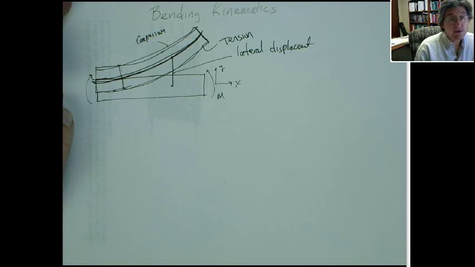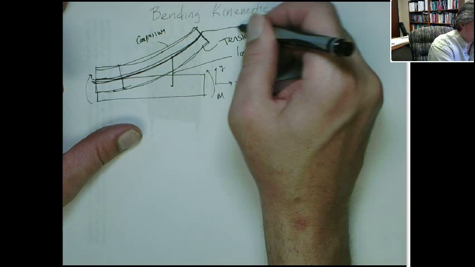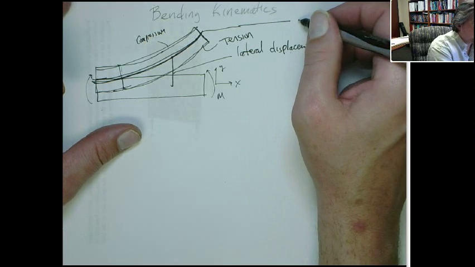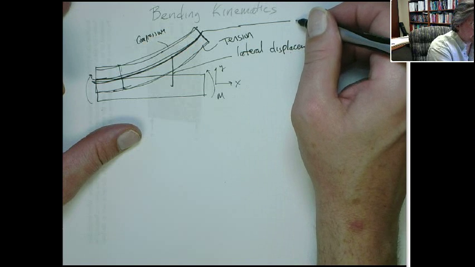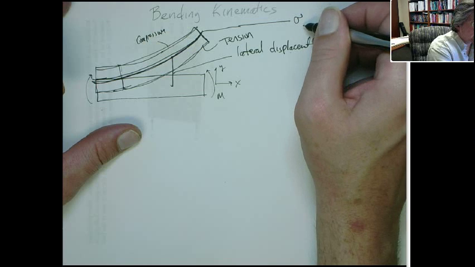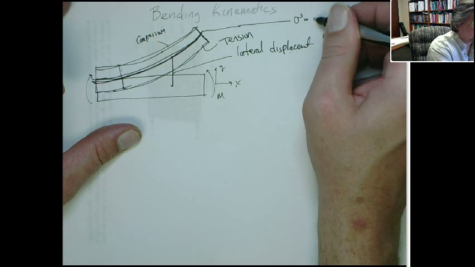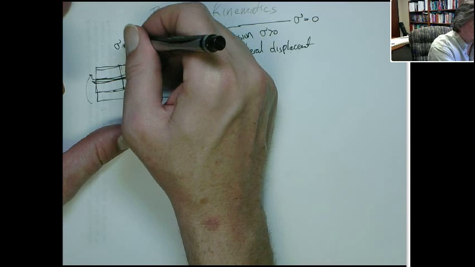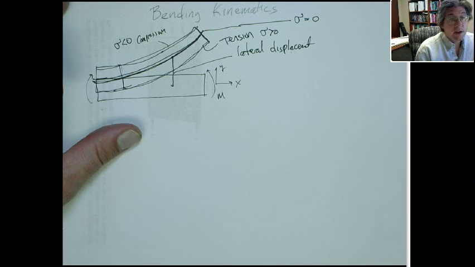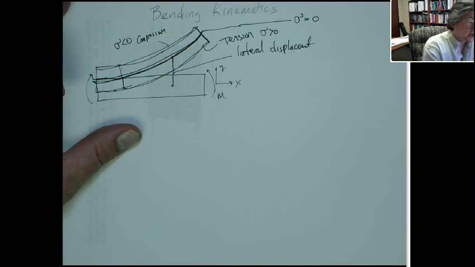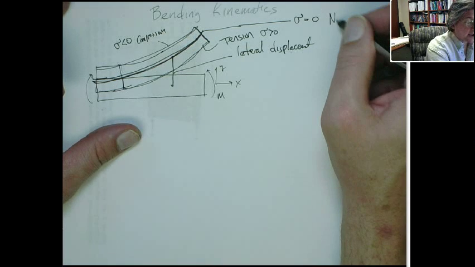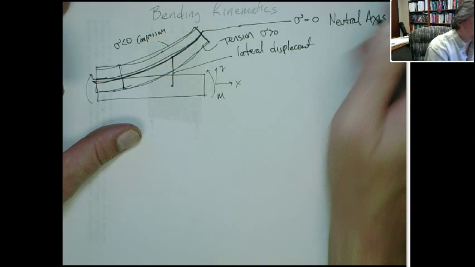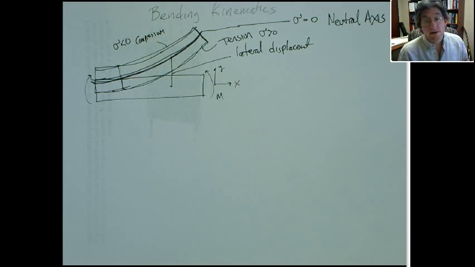There's a point at which you switch from tension to compression. This is where there's zero axial stress, where normal stress is zero. On the tension side, normal stress is greater than zero, and on the compression side, normal stress is less than zero. So there has to be some point at which that transition happens. That point is going to be called the neutral axis. That makes sense? It's neutral with respect to being neither tension nor compression.